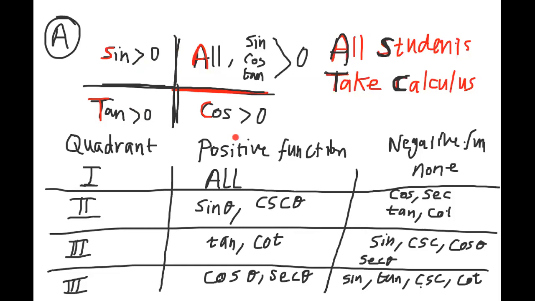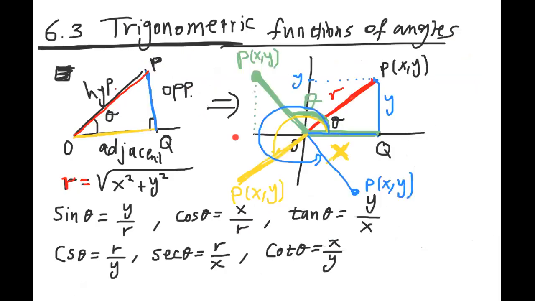Okay, where is the right angle? The right angle in the third quadrant is here. We will use this triangle, and for example, if it's the green one, we open it from here to here.